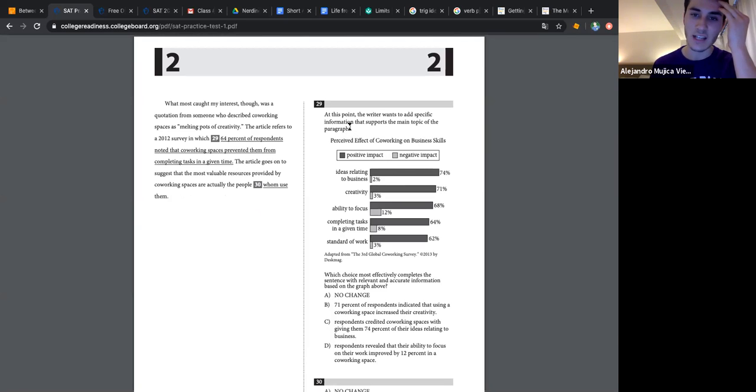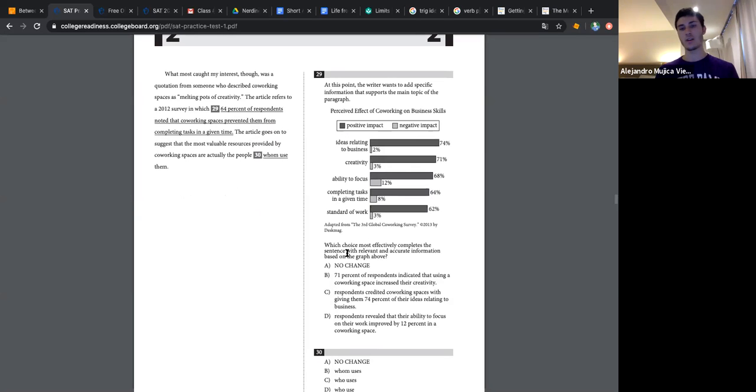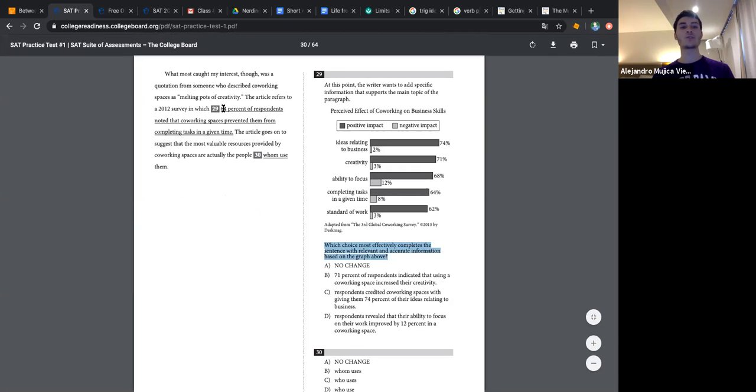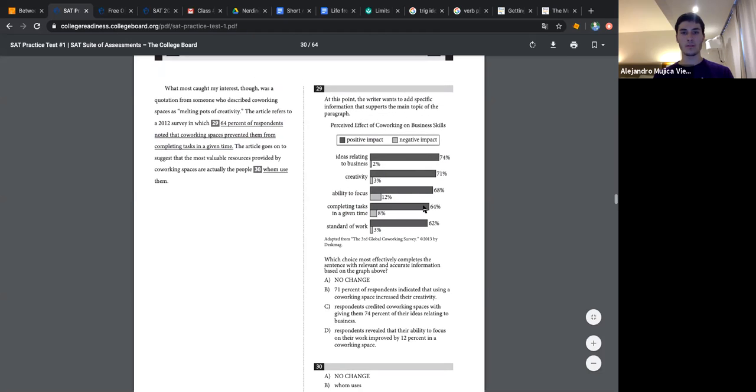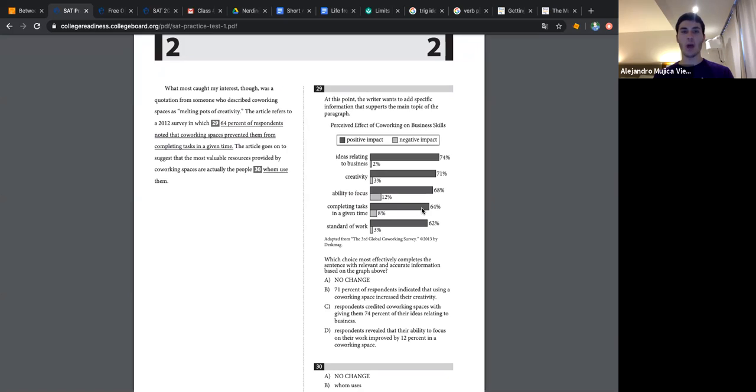At this point, the writer wants to add specific information that supports the main topic of the paragraph, based on the graph, obviously. Which choice most effectively completes the sentence with relevant and accurate information based on the graph above? So, 64% of respondents noted that co-working spaces prevented them from completing tasks in a given time. Is that what we're seeing here? Jeremiah, you're nodding yes. Why?